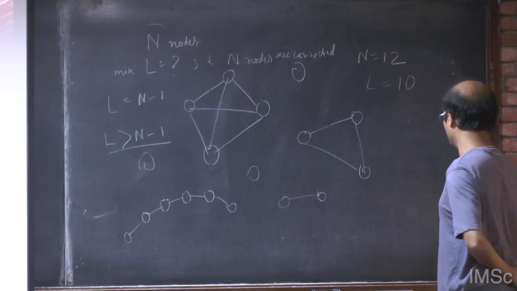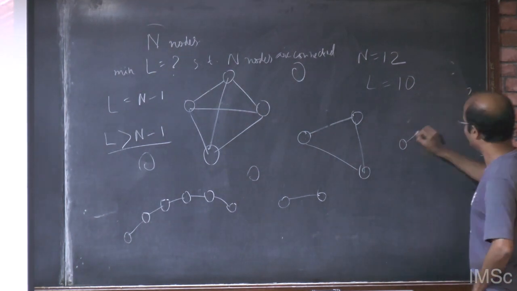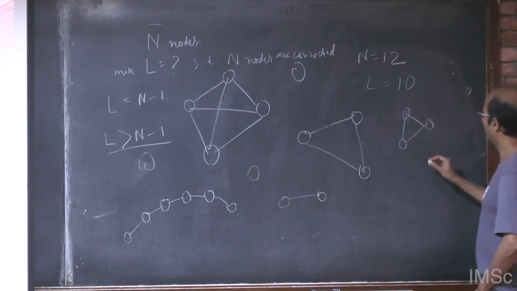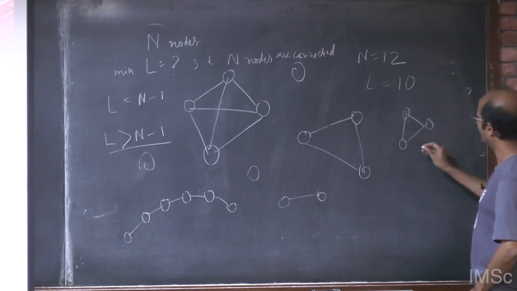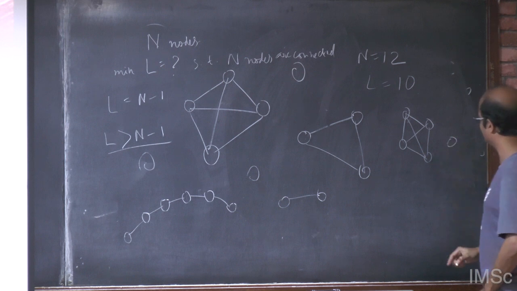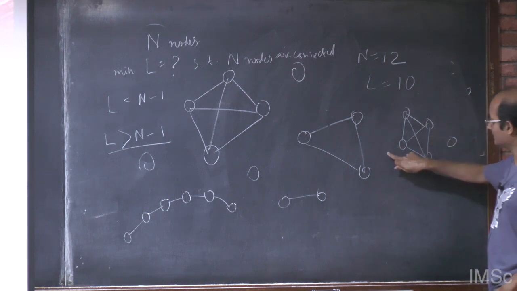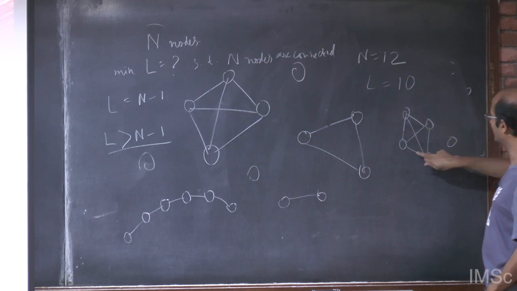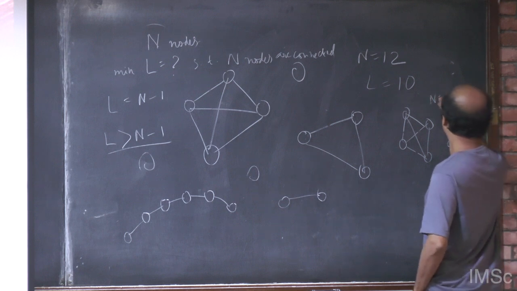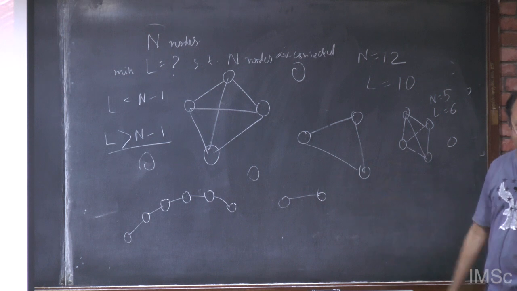So for example, you could have a situation like this. If you count, there are 5 nodes and 1, 2, 3, 4, 5, 6 edges. So n equal to 5, L equal to 6 does satisfy that criterion.